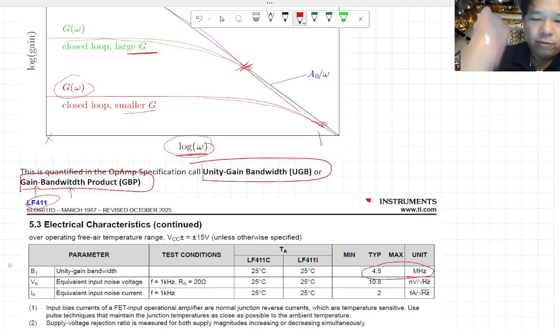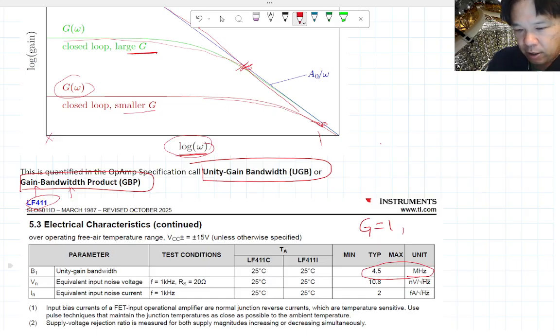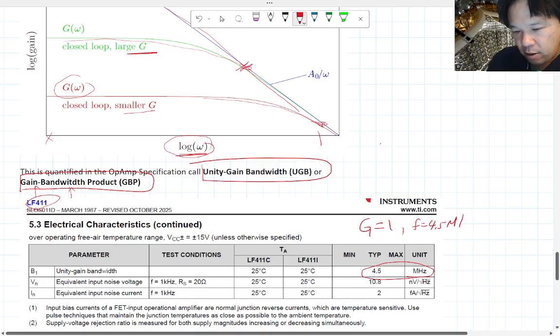Let's give an example: if G is 1 and F is 4.5 megahertz, the gain you actually get in real life is 0.707 because you're at that 3 dB point.